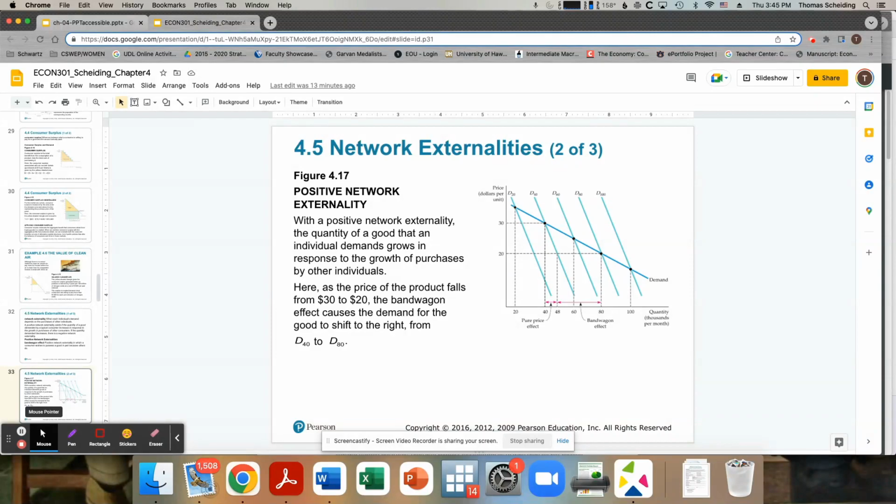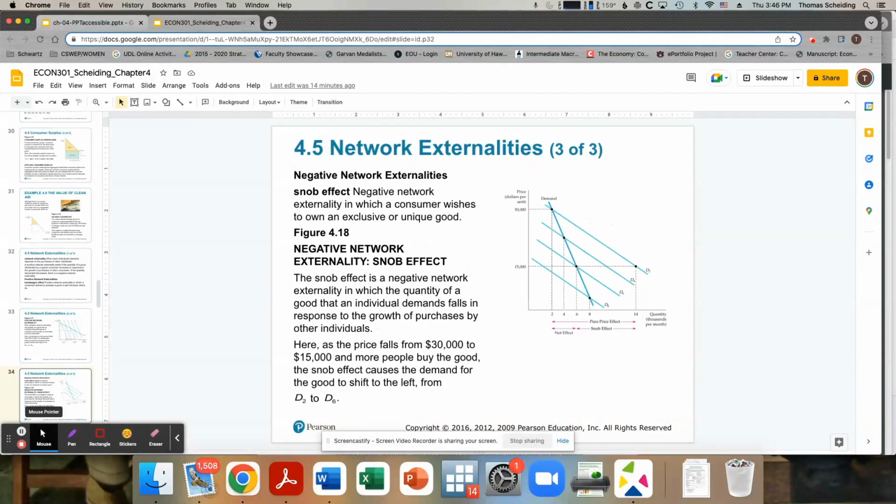The way we see this is that people buy even more of the product, and the demand increases dramatically as it grows. That's basically our bandwagon effect: it becomes more valuable as more and more people use it.